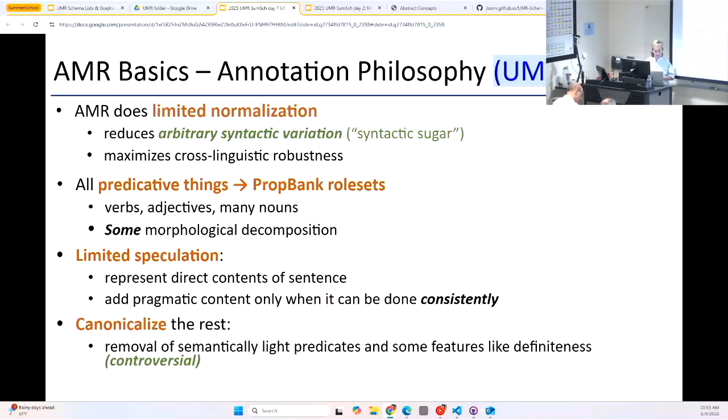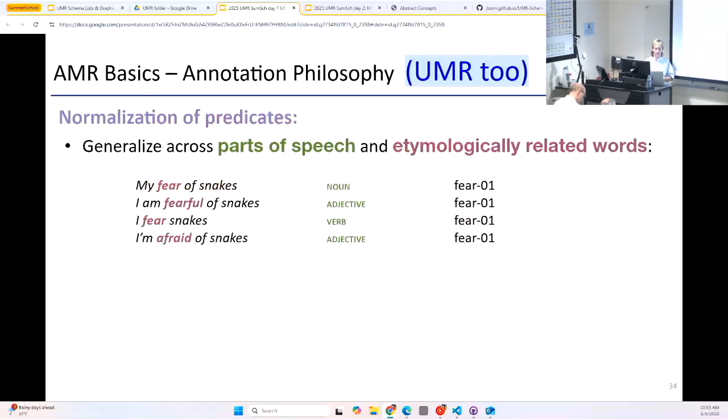Canonicalize the rest. Things like semantically light predicates, like in light verb constructions, if you have John took a bath, you can just leave that take verb out of the graph. You don't have to put it in there. The main predicate would be bathe or bath. You can generalize across parts of speech for etymologically related words, and that's a crucial point.